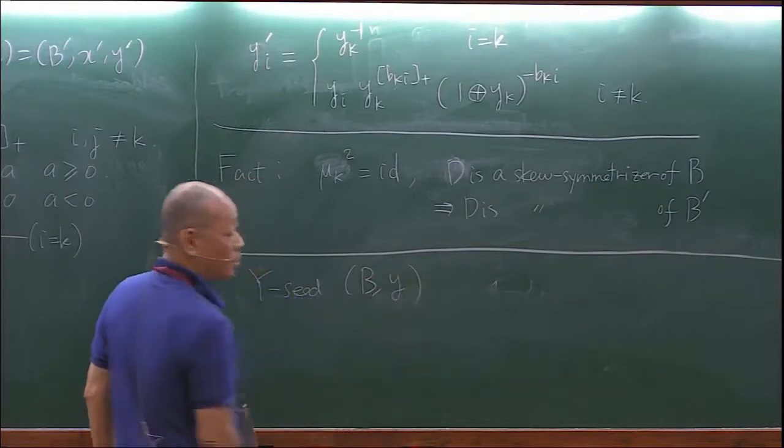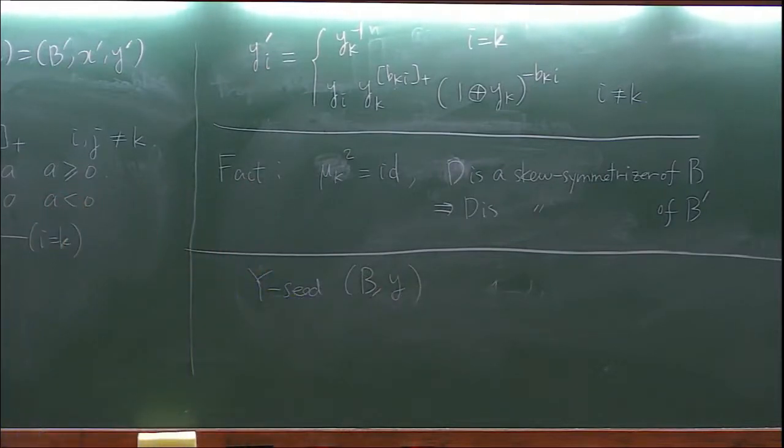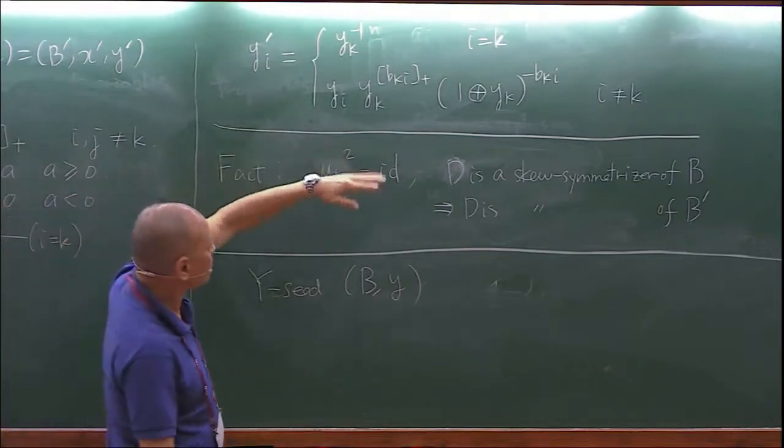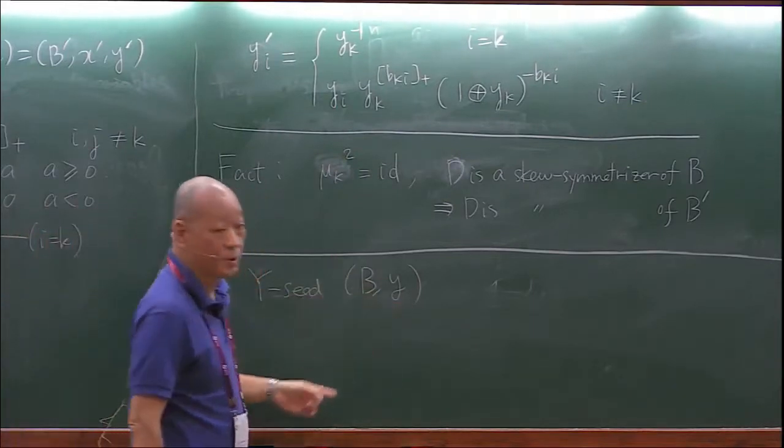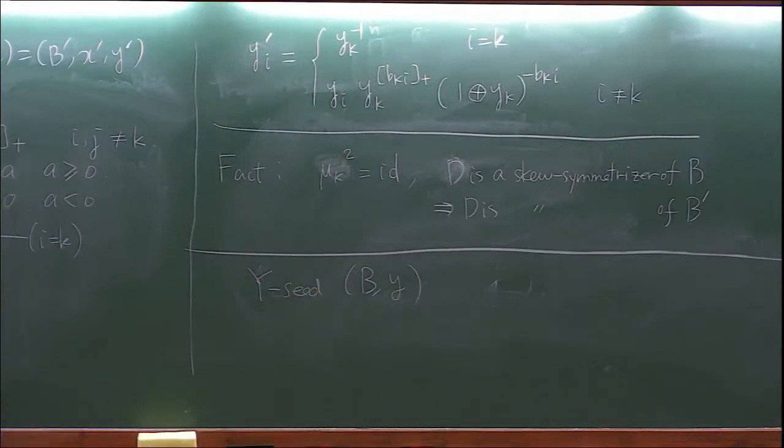So you just ignore the X variable. Still, it makes sense. And you only consider this variable. This mutation appeared in the first lecture today, and in Tsunoda's lecture he said this is a mutation of the cluster X variable.